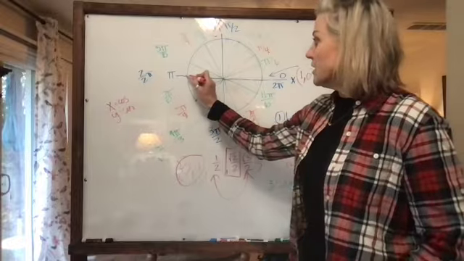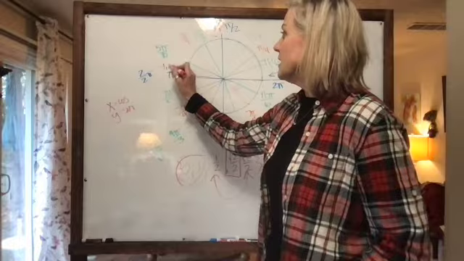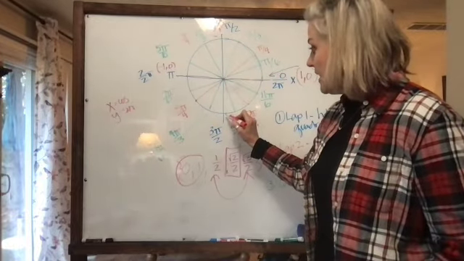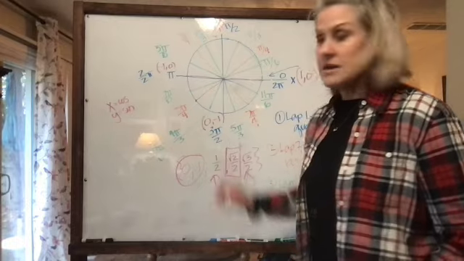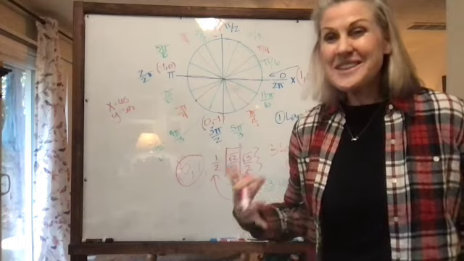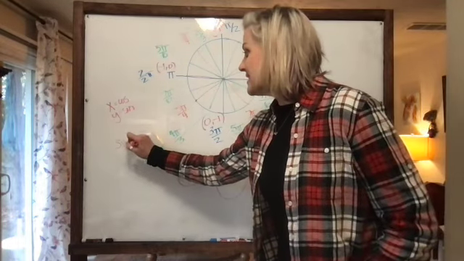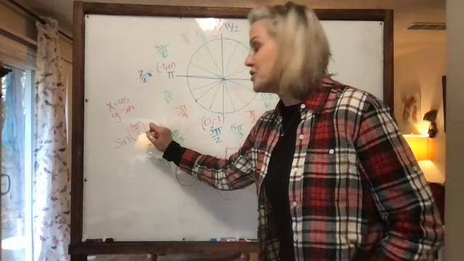And if we start here and go that way, our coordinates are -1, 0. And if we start here and go straight down, that's 0, -1.